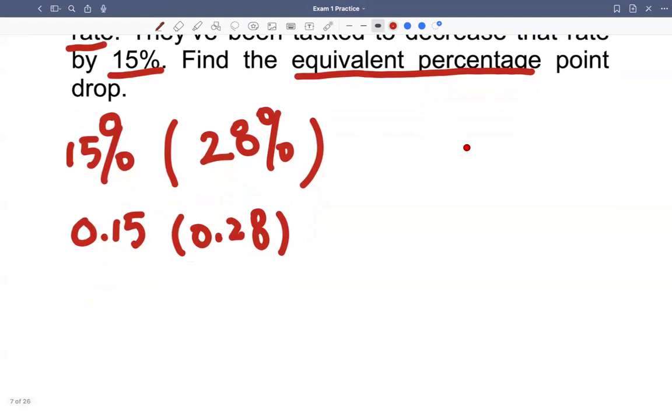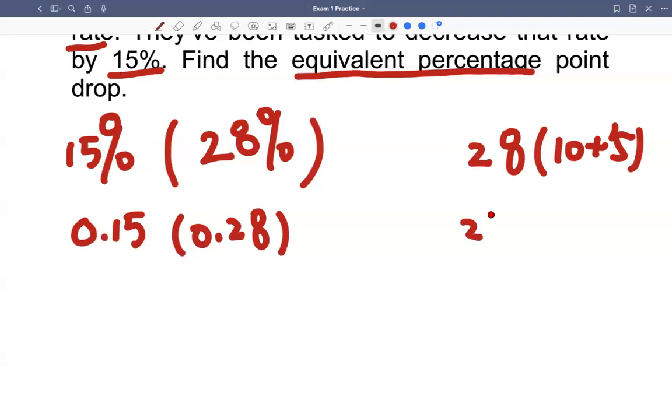If I don't have a calculator, I could do this. 28 multiplied by 10 plus 5. I forget about the decimal points at this moment. I only do 28 times 15. 15 is 10 plus 5. 28 times 10 is 280.